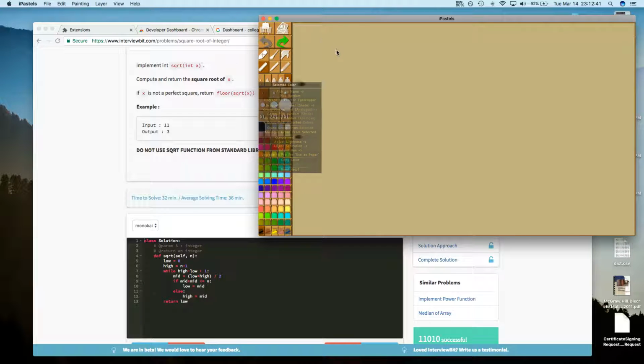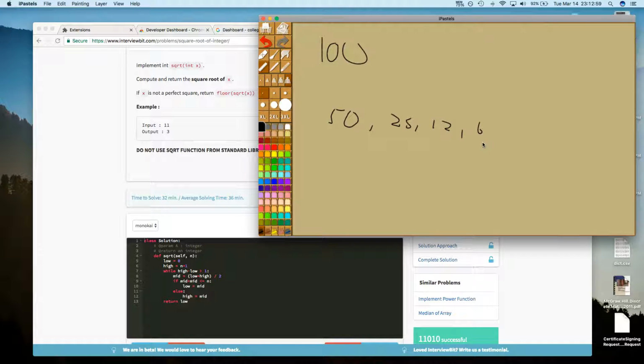If you're looking for 100, what would happen? It would first go to 50, and that squared is too high. Then it would go to 25, squared is too high. And then 12 squared is too high because that's 144. Then 6 squared is too low, so you return 6.